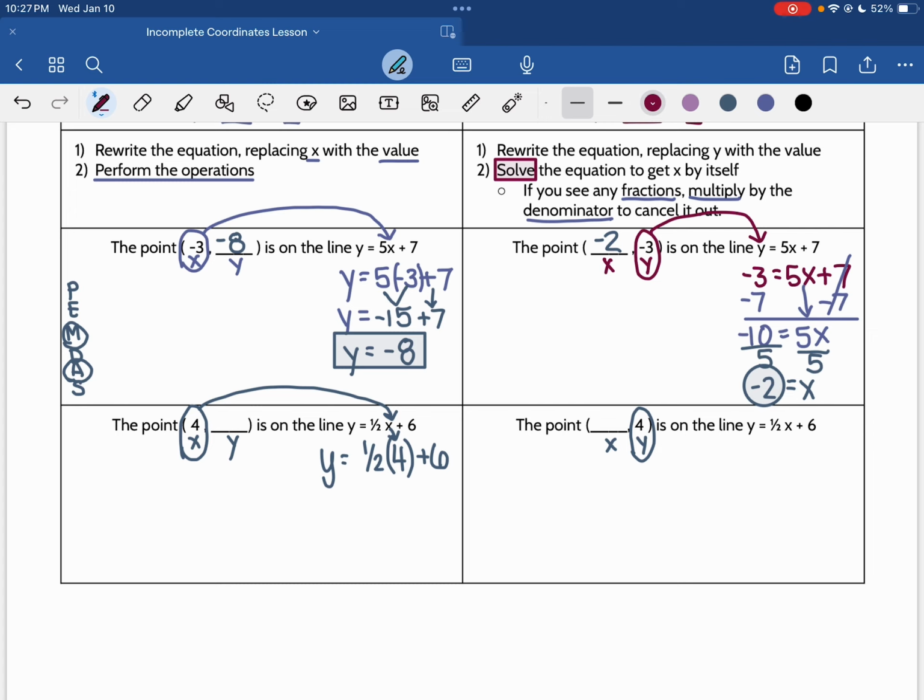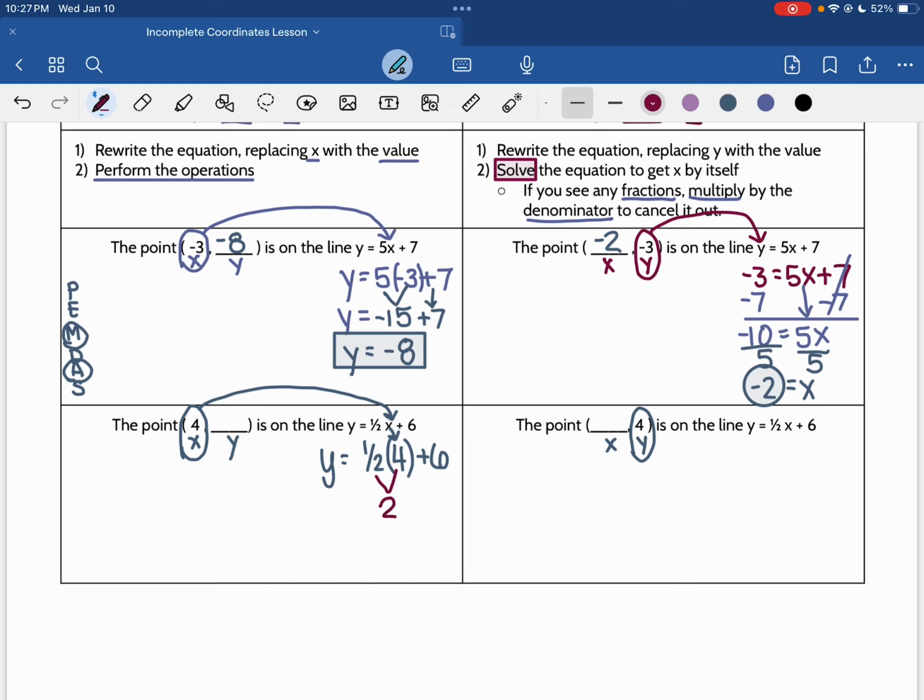Then I'm going to perform the operations. I don't have to solve it because y is already by itself. Instead, I'm just going to do half of 4, or 1/2 times 4. Half of 4 is 2.